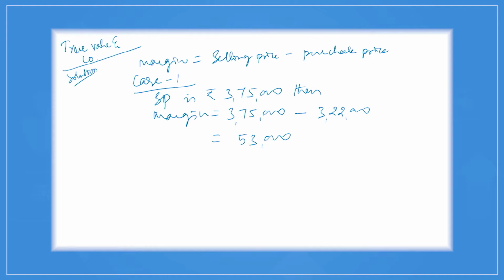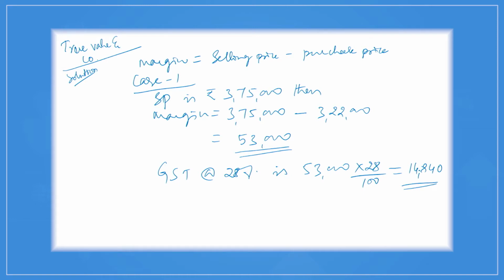That is the value of supply for second hand goods. So, value of taxable supply is rupees 53,000 and GST payable on rupees 53,000 at the rate of 28% is 53,000 into 28%, that is equal to 14,840. That is the amount of GST.